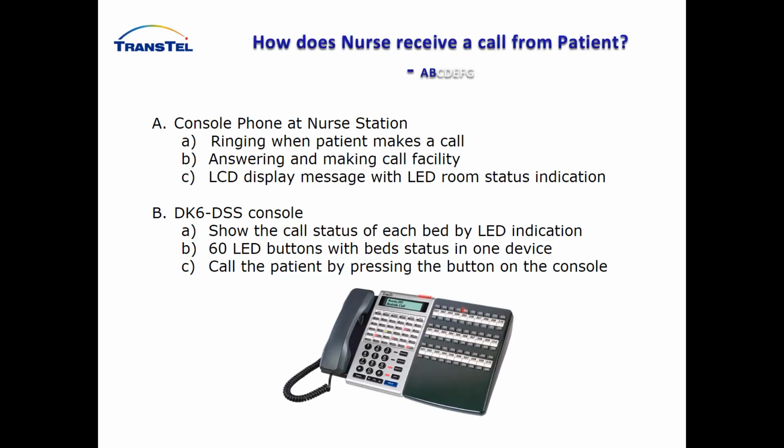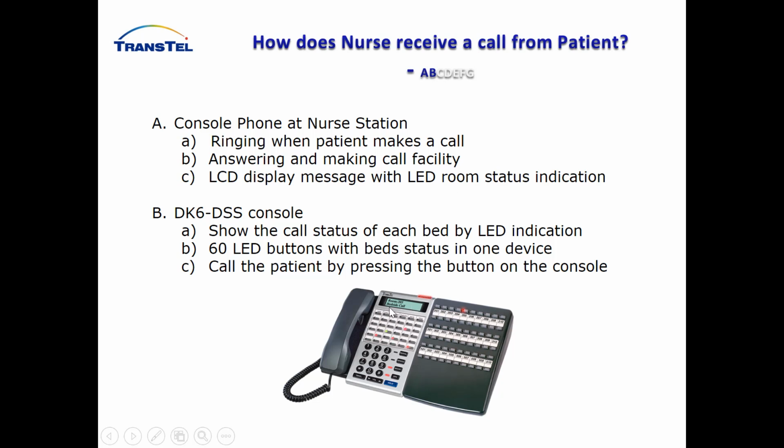How does a nurse receive the call from the patient? We have A, B, C, D, E, F, G. This is totally 7 devices that can receive the call from the patient. The first one is the console phone of the nurse call, this one. It rings when the patient makes a call, and the nurse can pick up the handset, answer, and talk with the patient.